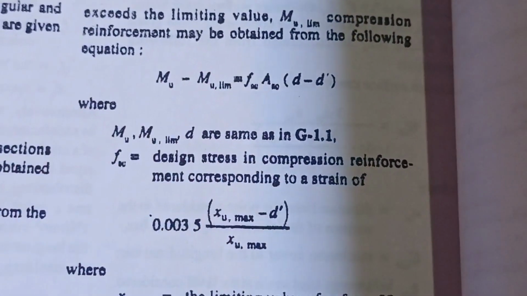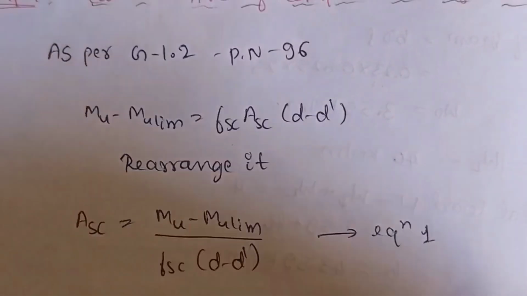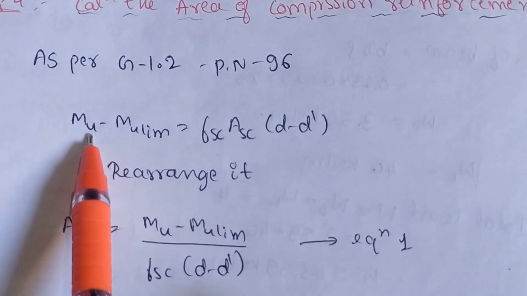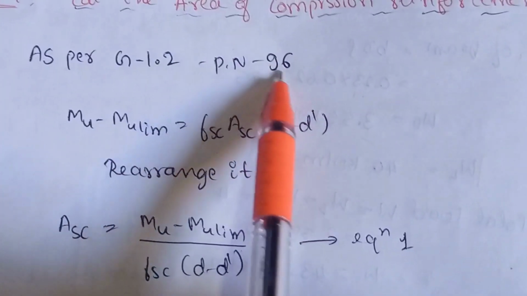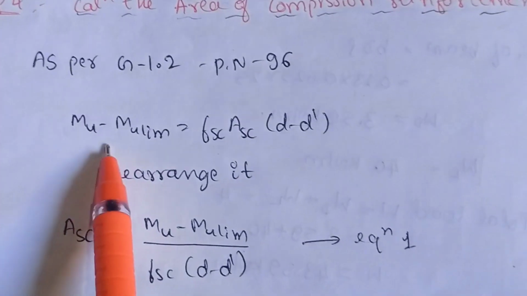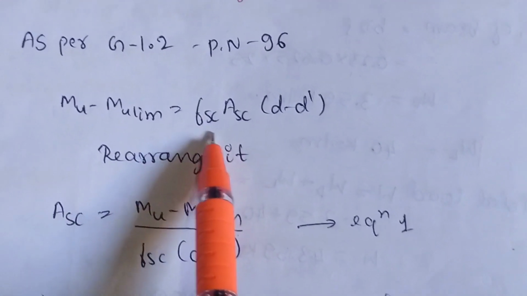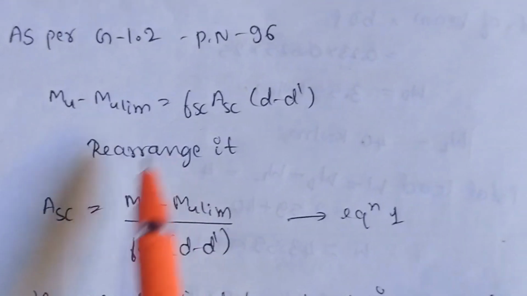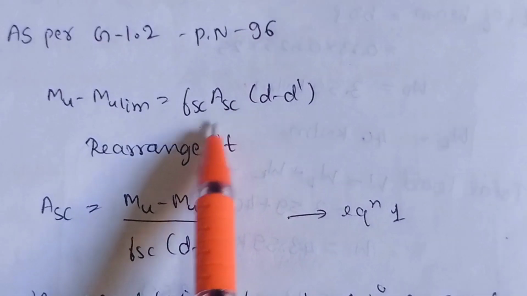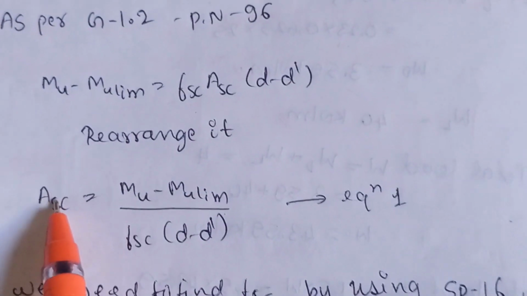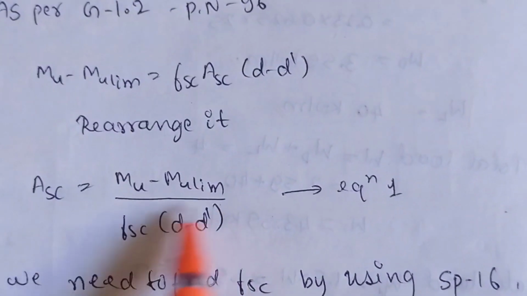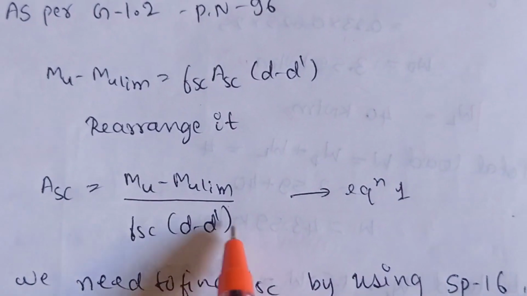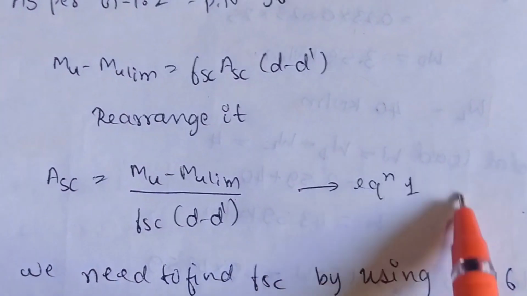I have written the same formula which is given on page number 96: Mu minus Mu limit is equal to FSC into ASC into D minus D dash. Now we need to calculate the ASC, so I have rearranged it. ASC is equal to Mu minus Mu limit divided by FSC into D minus D dash. Call it equation number 1.